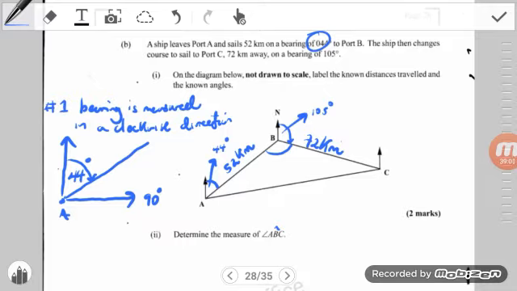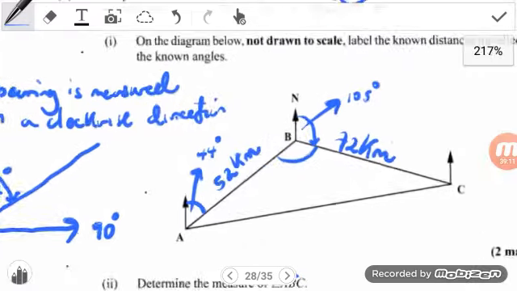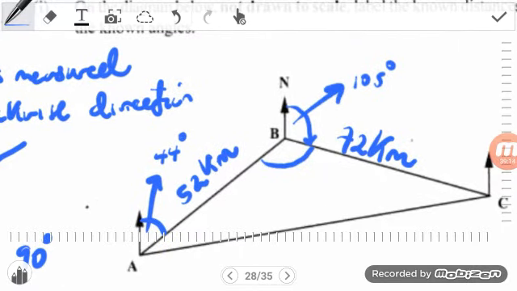A Z angle usually is created whenever we have a north line running in the same direction or the opposing direction with the south line. The first thing that I see here, let me zoom it up for you, is that if I can extend my north line here to south, it will cut the angle that I'm in search of into 2 pieces, not 2 equal pieces, but 2 smaller pieces.